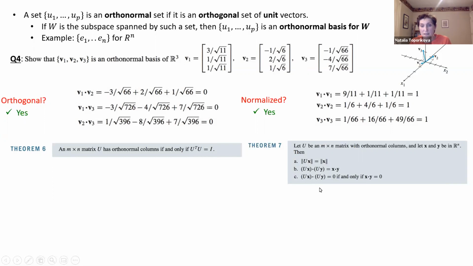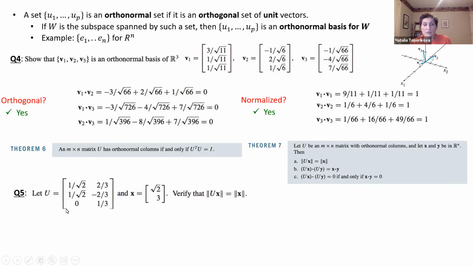And finally, if the dot product of U applied to vector x and U applied to vector y is equal to 0, we can convincingly conclude that the dot product of x and y is 0. All the proofs of these properties you can find in the books. I'm not going to talk about this here, but please go through the derivation. It's a really interesting one.